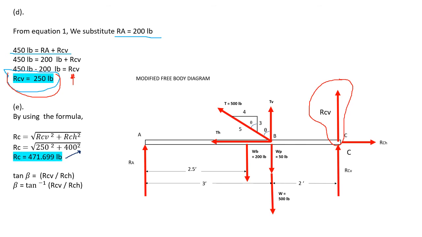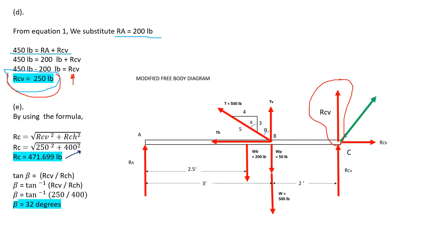Therefore, beta is equal to arctangent of RCV over RCH. And then, we substitute its values. Therefore, beta is equal to arctangent of 250 over 400. Therefore, our beta is equal to 32 degrees.